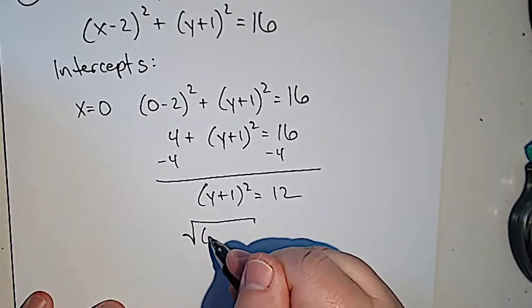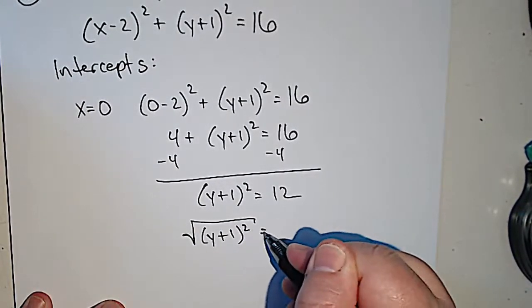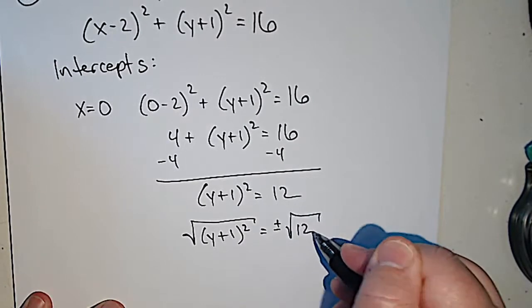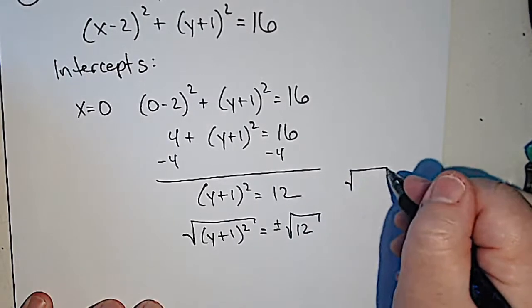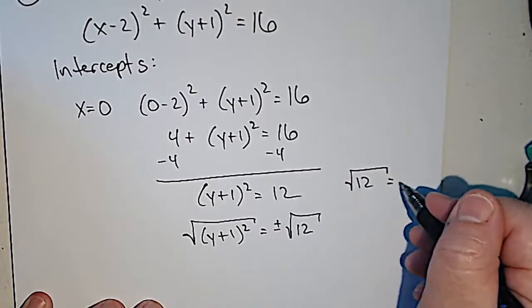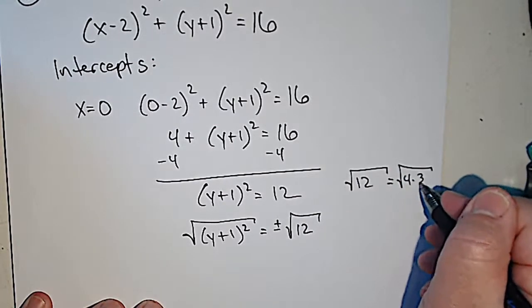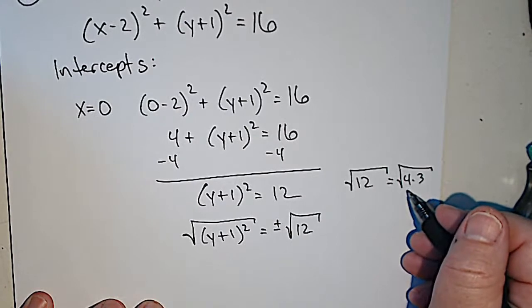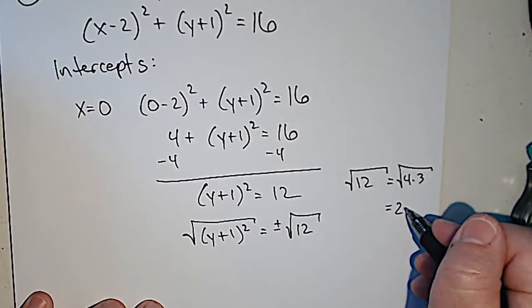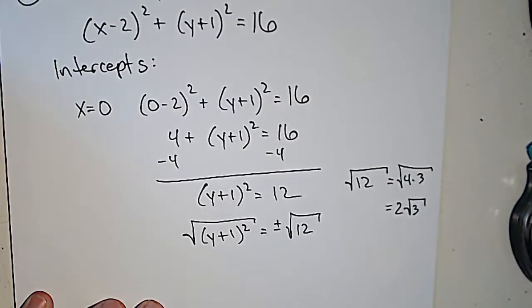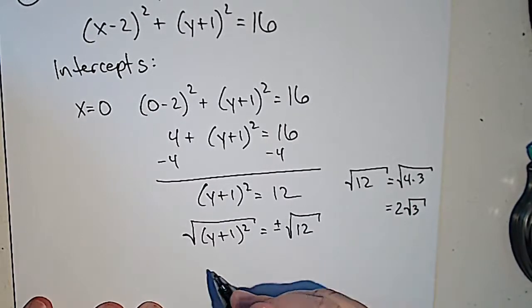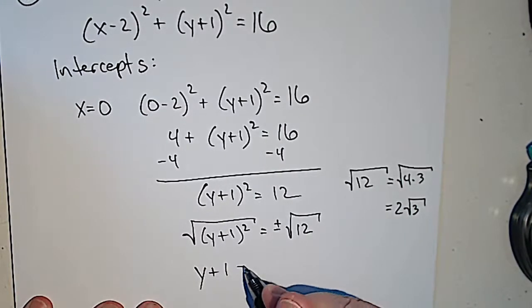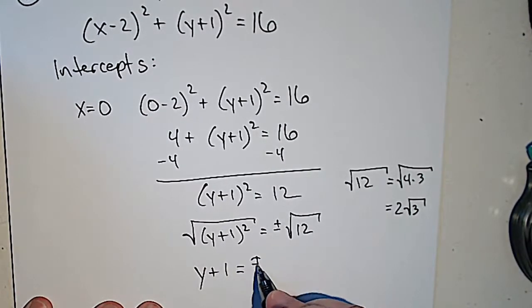Square root: y plus 1 equals plus or minus square root 12. Now I'll point out that 12 is equal to 4 times 3. So this 4 is going to break out and be a 2 radical 3, because that's 2 times 2. Okay, so this is y plus 1 equals plus or minus 2 radical 3.